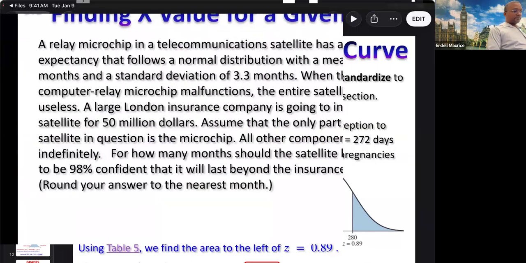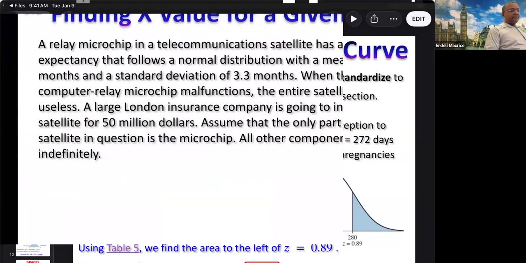All right. A relay microchip in a telecommunications satellite has a life expectancy that follows a normal distribution with a mean of 92 months and a standard deviation of 3.3 months. When this computer relay microchip malfunctions, the entire satellite becomes useless. A London insurance company is going to insure the satellite for $50 million.